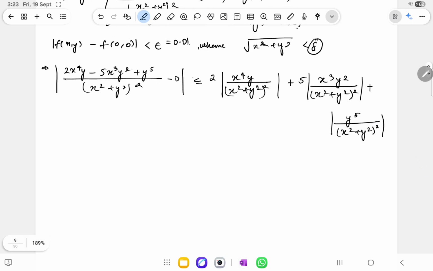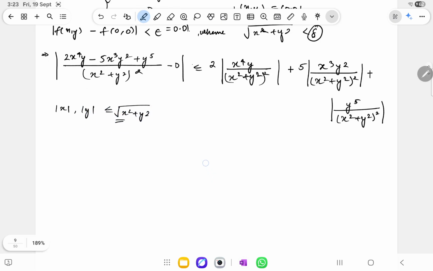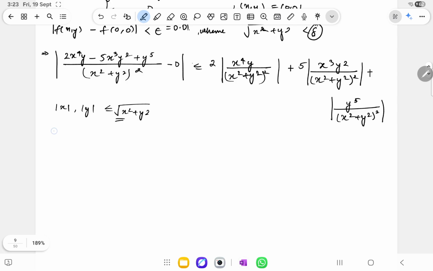We have already seen that modulus of x and modulus of y are less than the square root of x^2 plus y^2, so we'll use this here. If I simplify, mod of x raised to p times mod of y raised to q will be less than or equal to (x^2 plus y^2) raised to (p plus q) divided by 2.